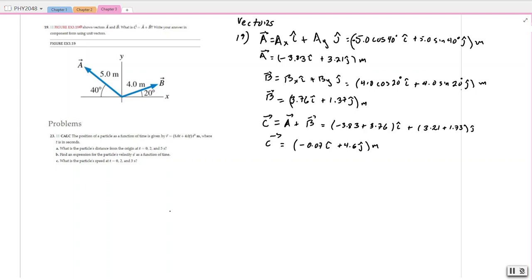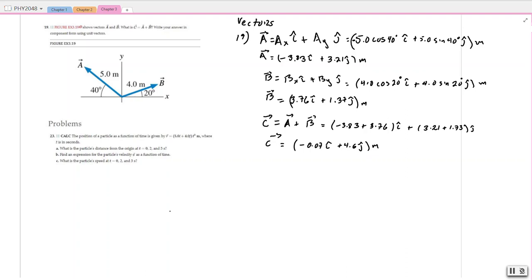So in this exercise we found the components of the vector C that was equal to vector A plus vector B, and we express those components using the unit vectors.